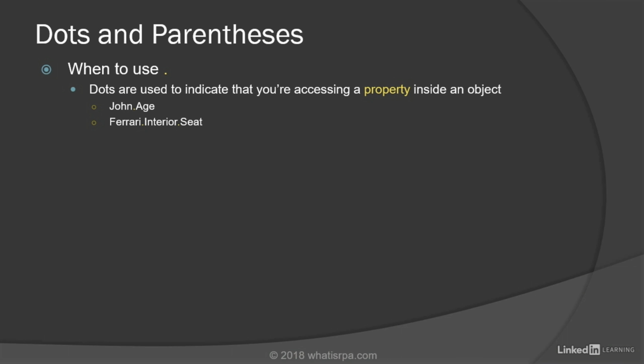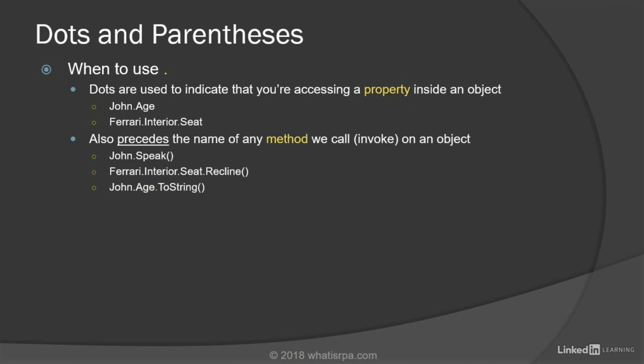The interior is an object, which is a property of the Ferrari object, and seat is also an object, which is a property of the interior object. So that example is a little more complicated than john.age, where age is just a number, but still a property of the John object.